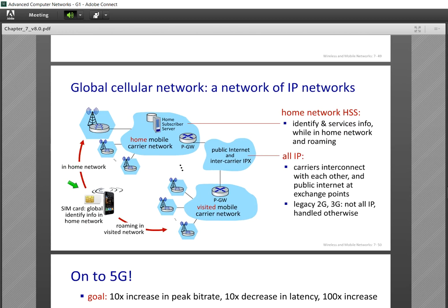As we talked about in the past slides, the backbone of today's cellular technology is fully IP.